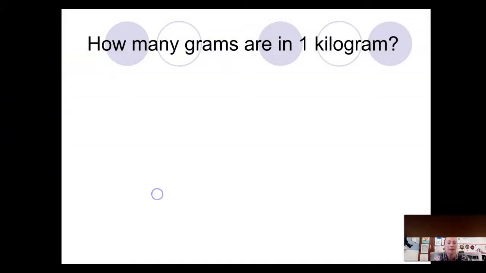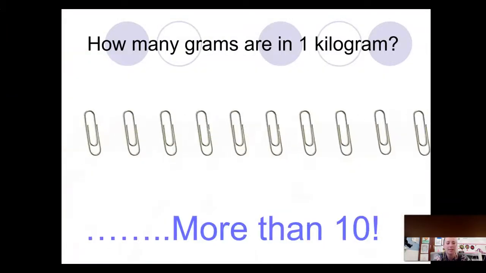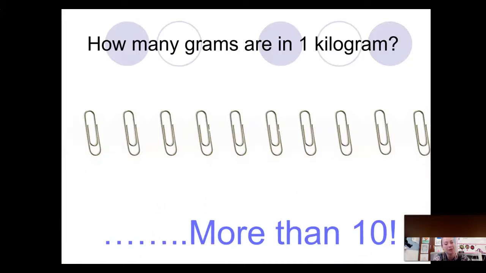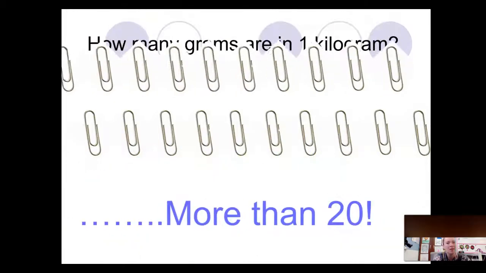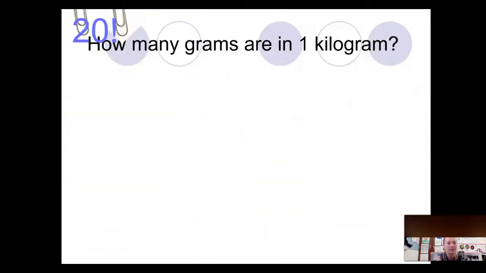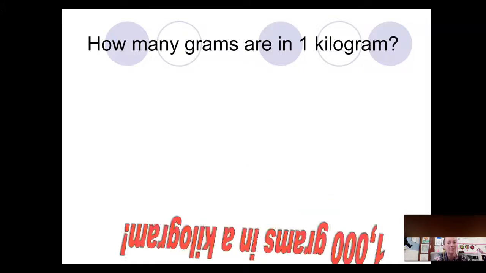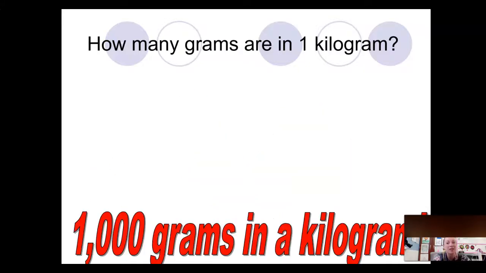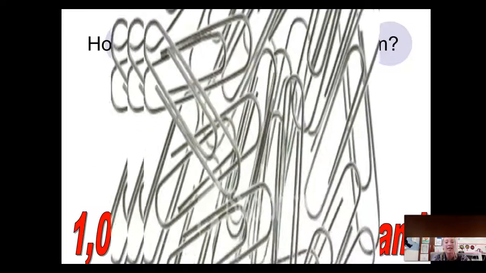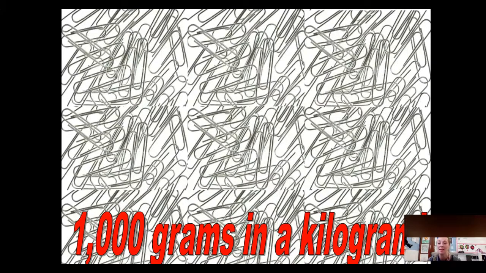It is more than 10. It is more than 20. It is 1,000 grams. It's 1,000 paper clips to equal 1 kilogram, okay? So 1,000 grams. It takes 1,000 paper clips on that scale to equal 1 kilogram.